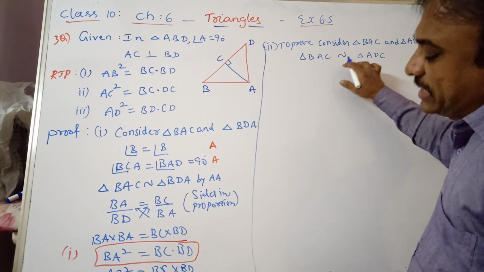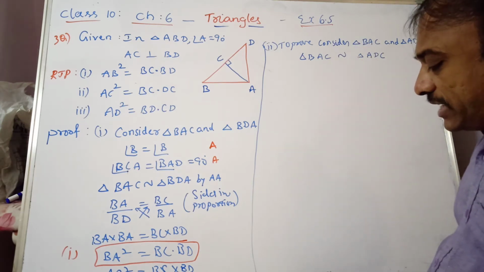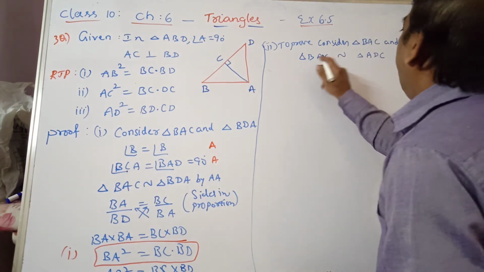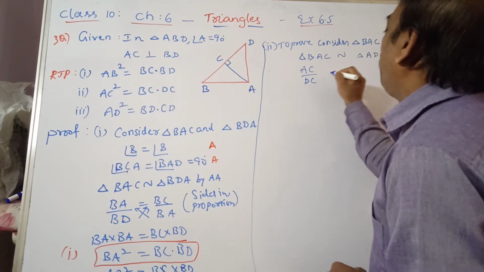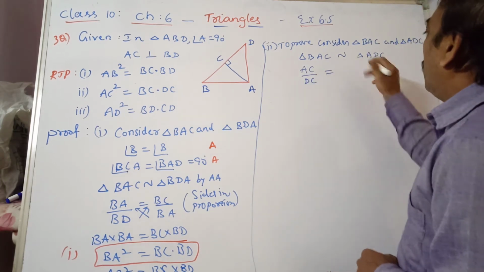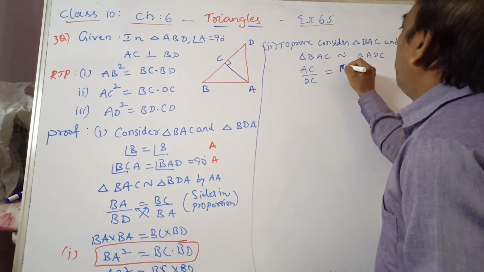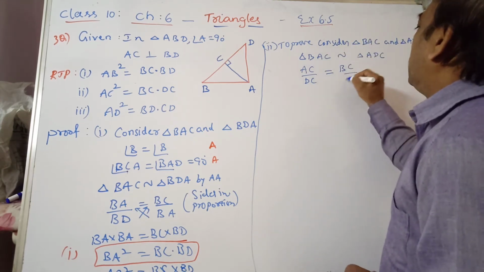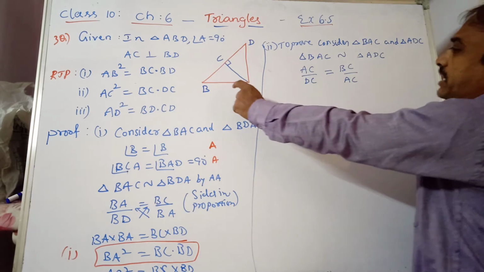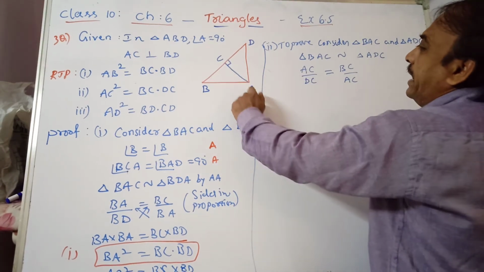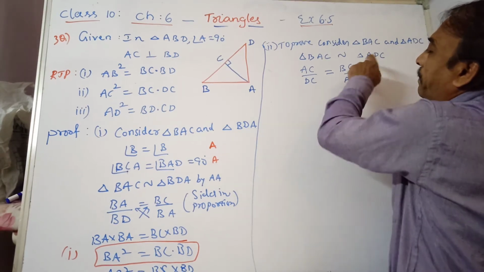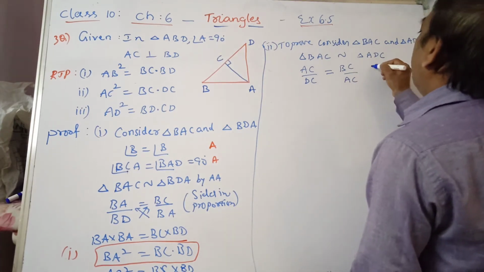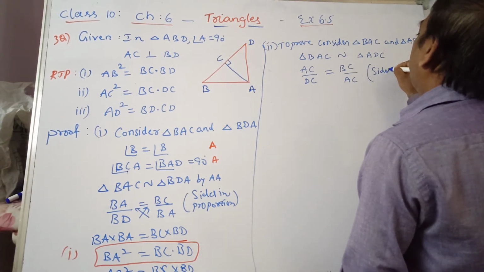Once the triangles are similar, their corresponding sides will be in proportion, that is AC by DC is equal to BC by AC. Observe it. Sides are in proportion.